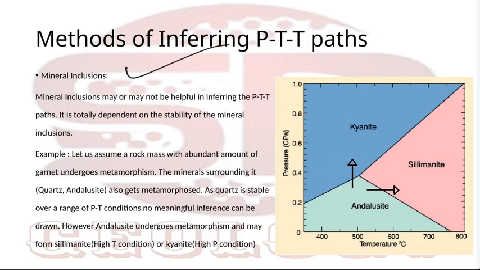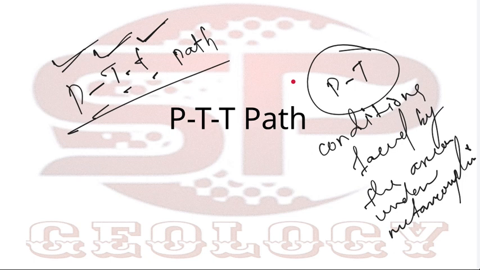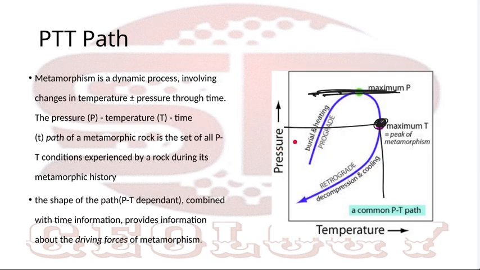So basically, in a PTT path answer, you first give your introduction that the PTT path shows this thing. After that, you tell that this PTT path can be clockwise or anti-clockwise depending upon the PT history followed. After that, you can show the prograde path and retrograde path.